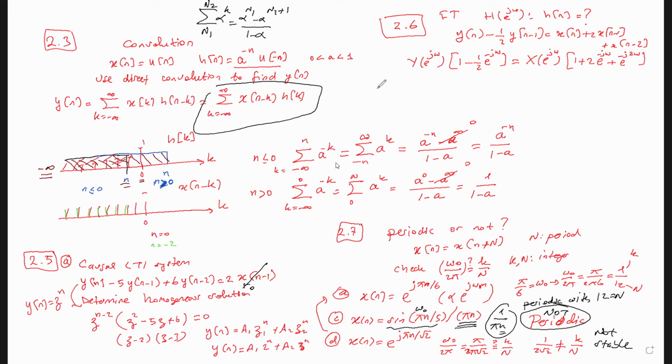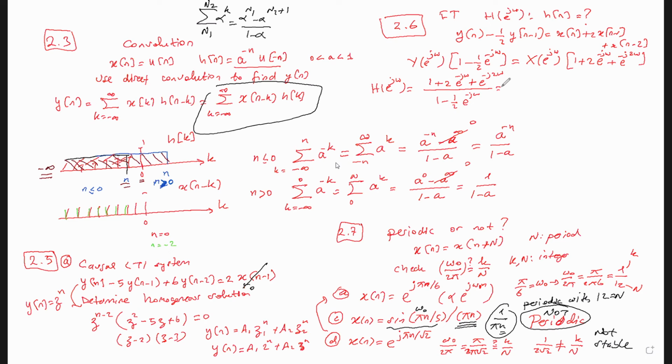And then H of e to the j omega is going to be a division, simply Y of e to the j omega divided by X of e to the j omega, which is 1 plus 2 e to the minus j omega plus e to the minus j 2 omega divided by 1 minus 1 over 2 e to the minus j omega.